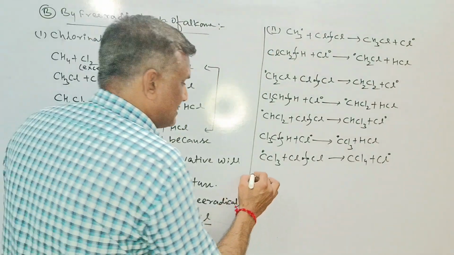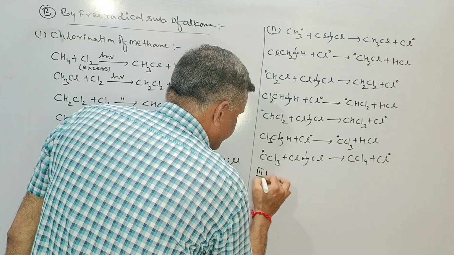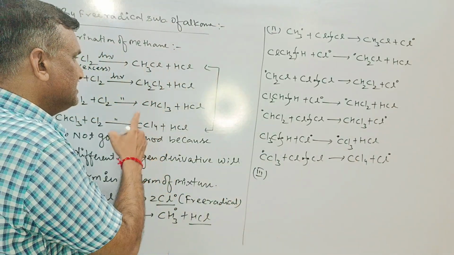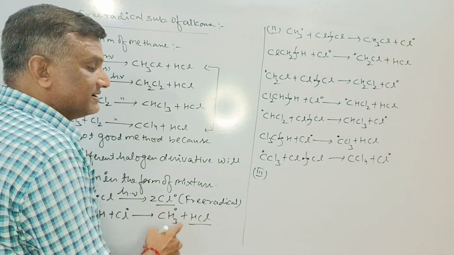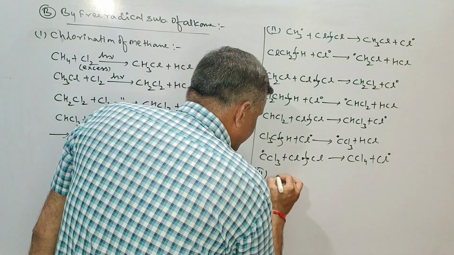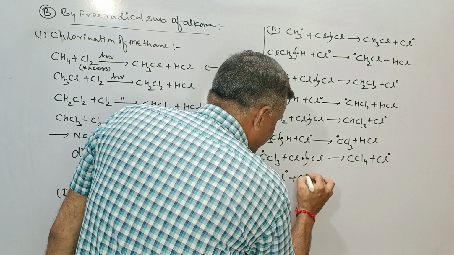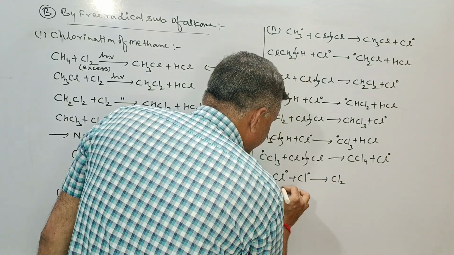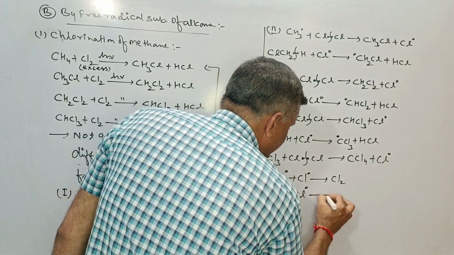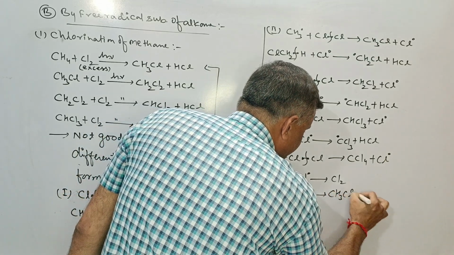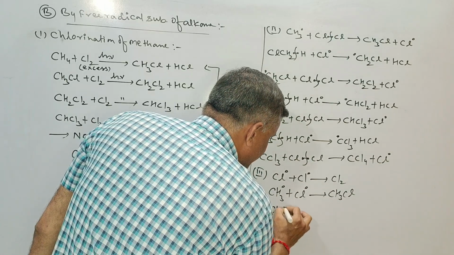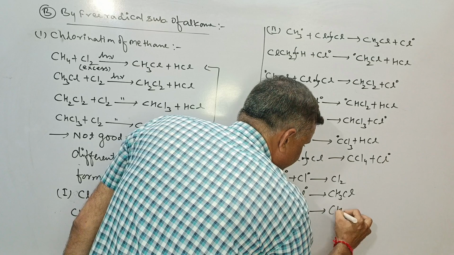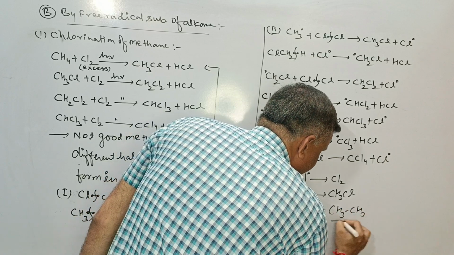Now we'll go with the third step, chain termination. In the chain termination step, the remaining Cl and CH3 radicals will react as follows. Two Cl free radicals change into Cl2. One CH3 free radical and one Cl free radical form CH3Cl. And two CH3 free radicals form ethane.